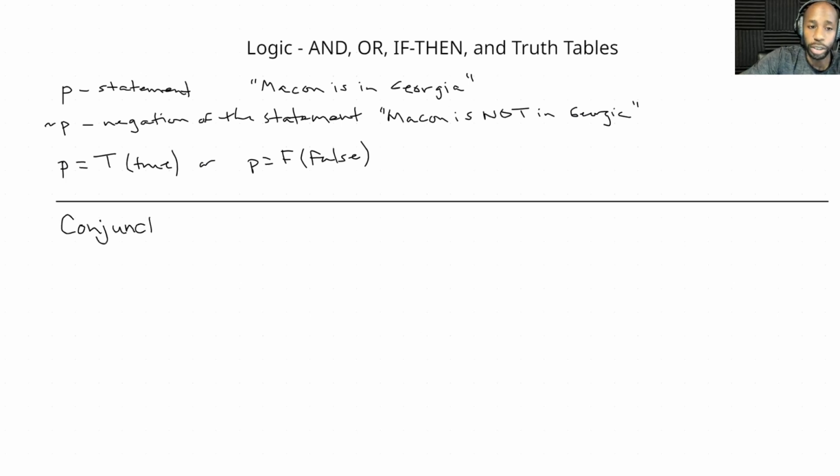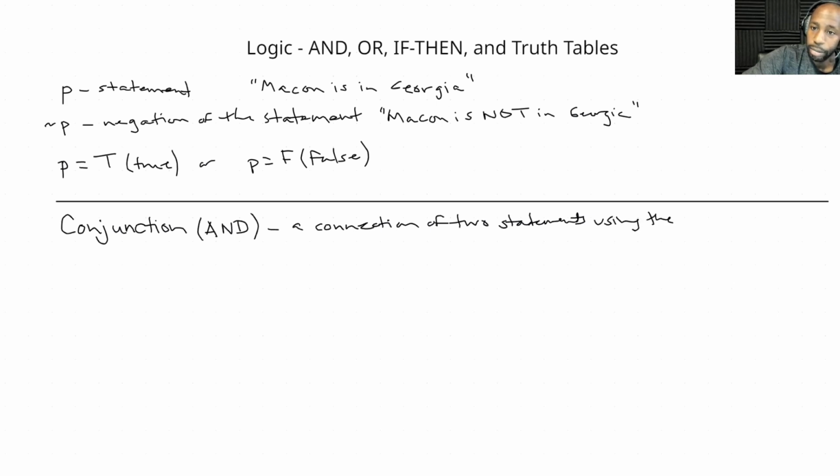A conjunction is, and I'm gonna put the word and here, a connection of two statements using the word and.